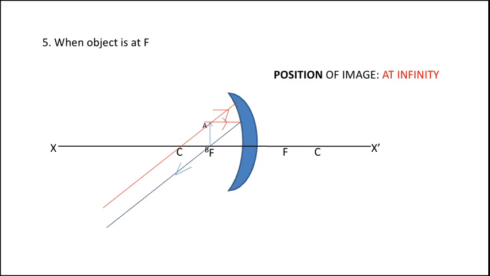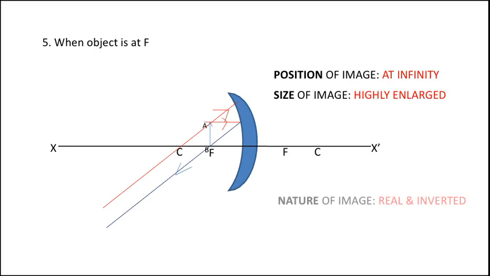It means the position of the image is at infinity. We cannot mark the exact point where the image formation is taking place, so it is forming at infinity, and due to forming at infinity it has a very large size, meaning highly enlarged, and its nature is the same, real and inverted.